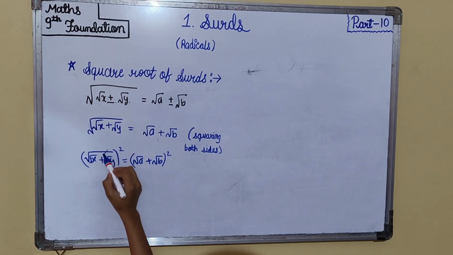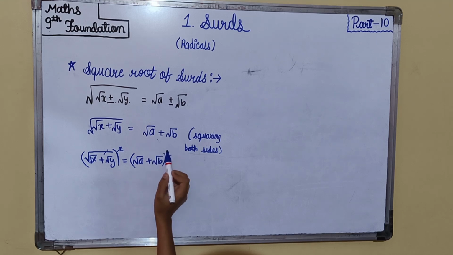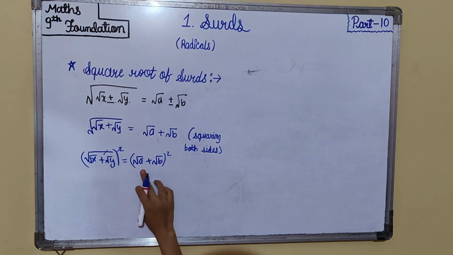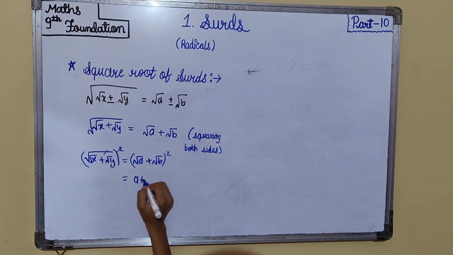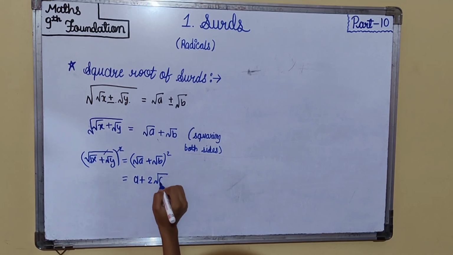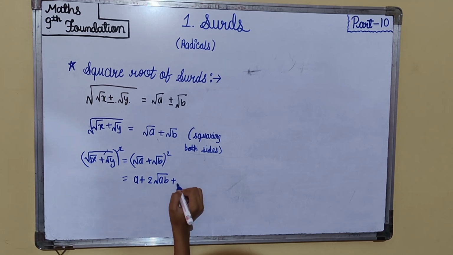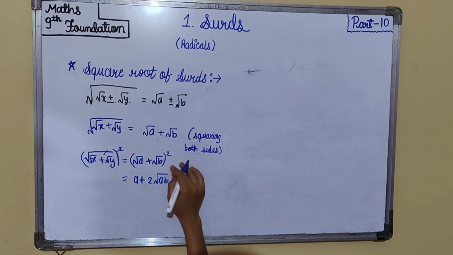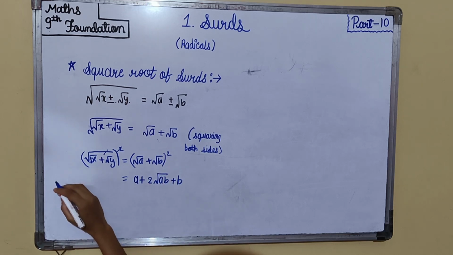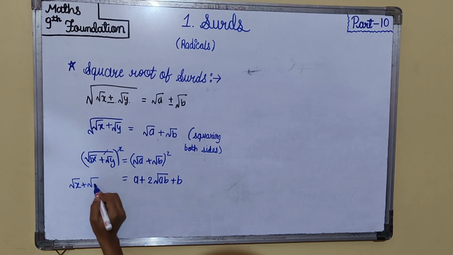After squaring, the root and the square will get cancelled. And according to the identity, the value of root a plus root b's whole square will become a plus 2 root ab plus b. Every time this value will come, and over here the value will become root x plus root y.